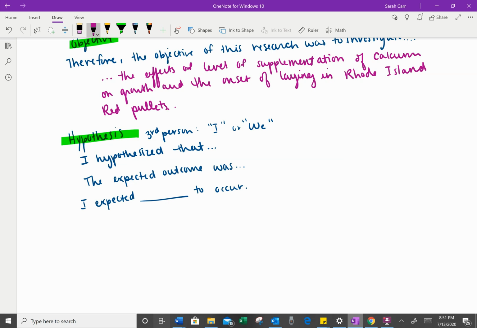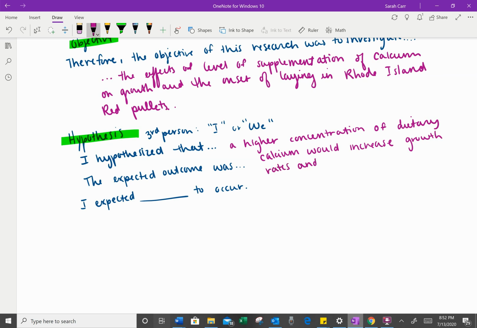So for an example for this project, you might say something along the lines of, I hypothesize that a higher concentration of dietary calcium would increase growth rates and decrease the age of when the pullets start laying.